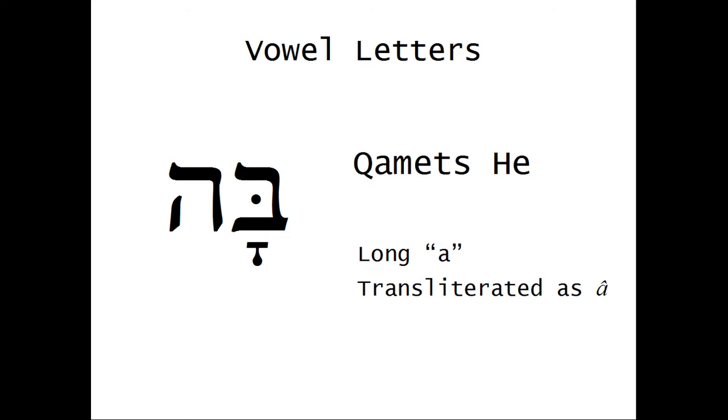The hey would sometimes also indicate E sounds or O sounds, the qamets holem, the holem hey and the segol hey, but I won't have you memorize those. They're less common and not as important. I think once you wrap your head around this concept, you'll be able to recognize those other ones with relative ease.